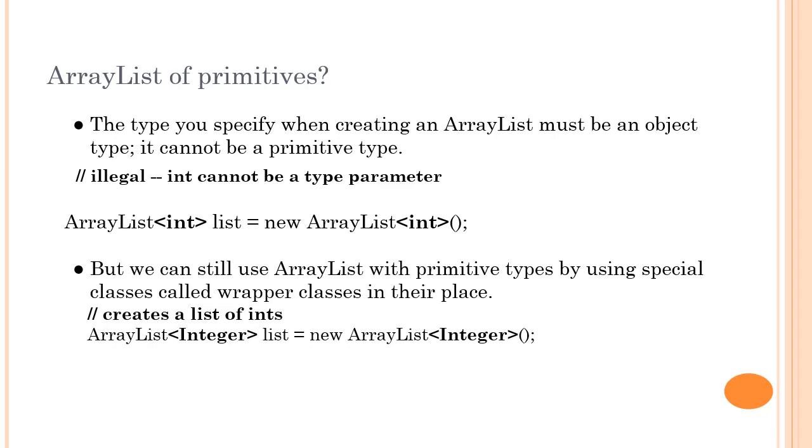So instead of the primitive types, Java offers some classes that we call wrapper classes. They replace the primitive types with some predefined classes. For example, for the int, it will be replaced with Integer as a class.